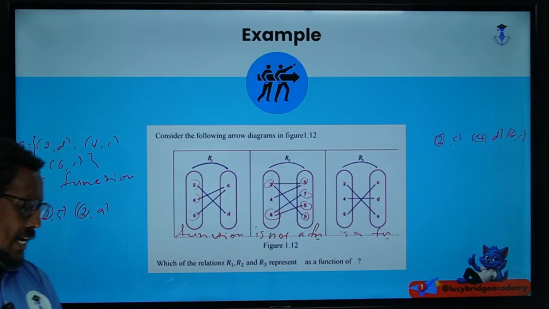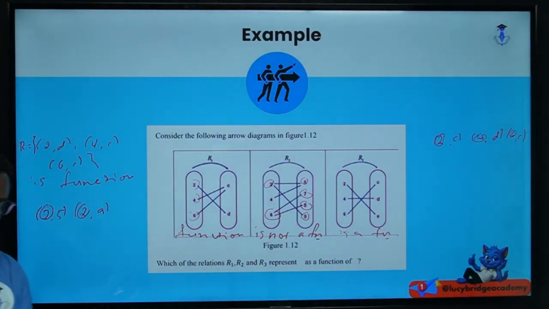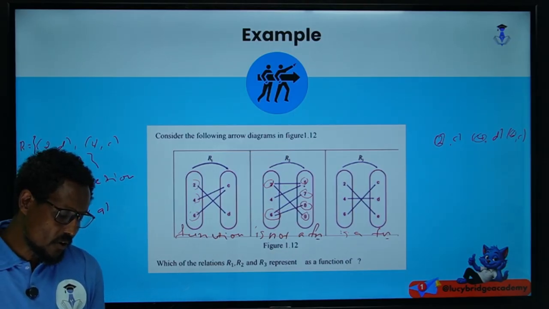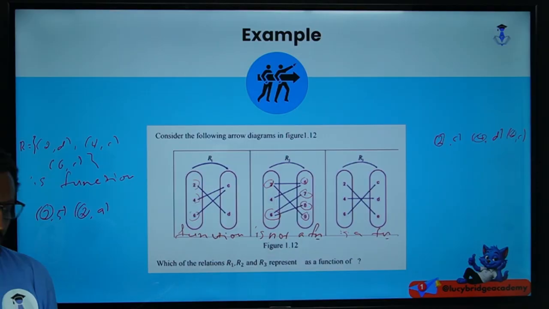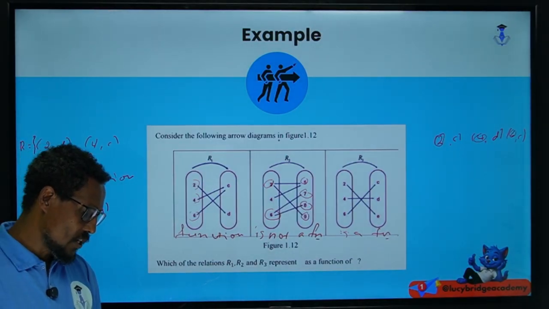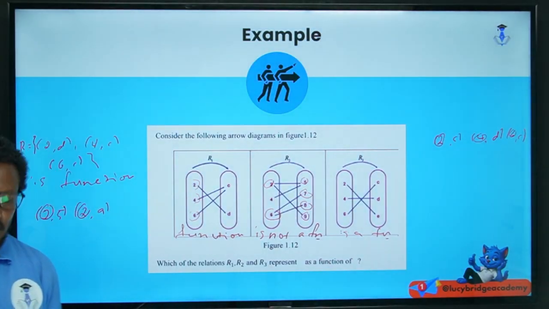The first one and the third one are functions, but the second one is not, because 2 has images 9 and 5. That means 2 is a pre-image of 5 and 9. Therefore R2 is not a function.